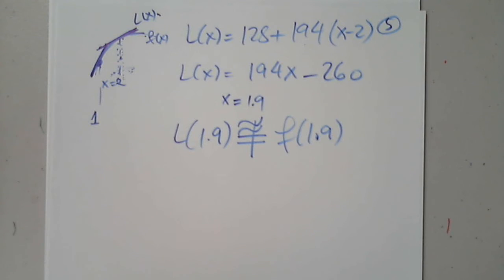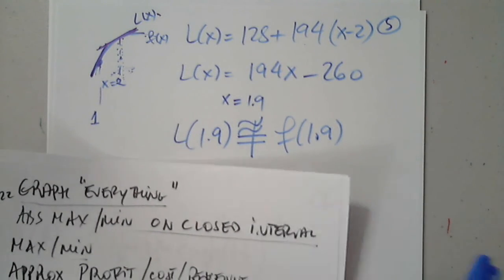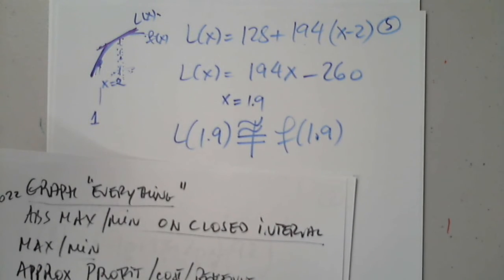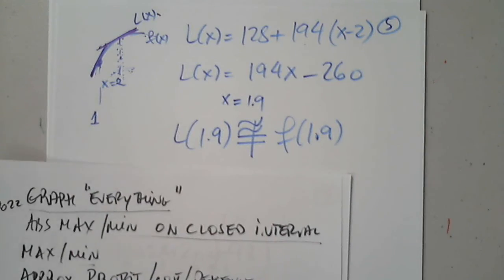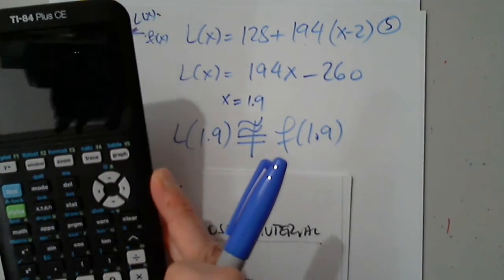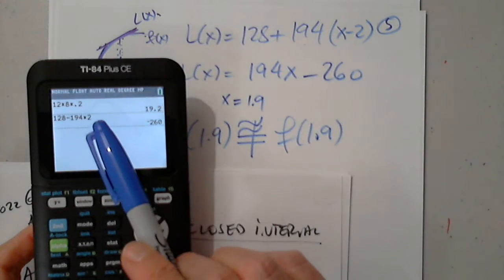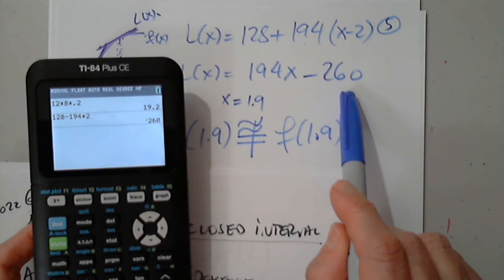So I'm going to open. But I'm confused. How did you get 260? 194 times negative 2 plus 128. Okay. Let me see. Maybe I made an error. So 128 minus 194 times 2, negative 260.